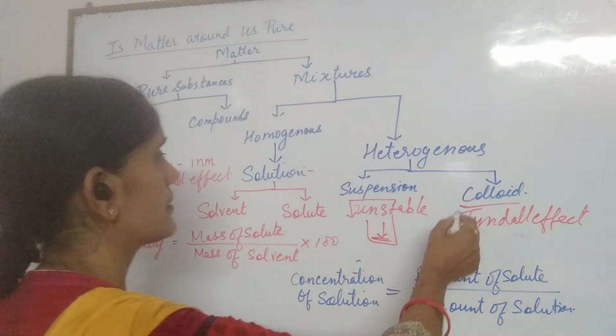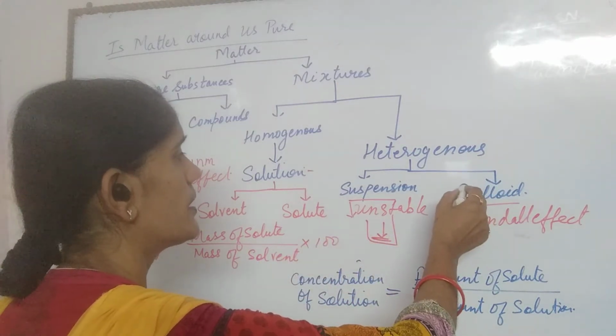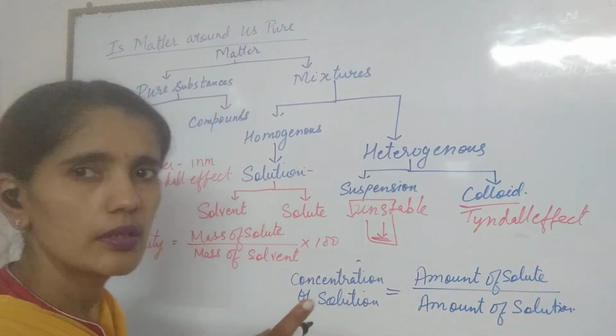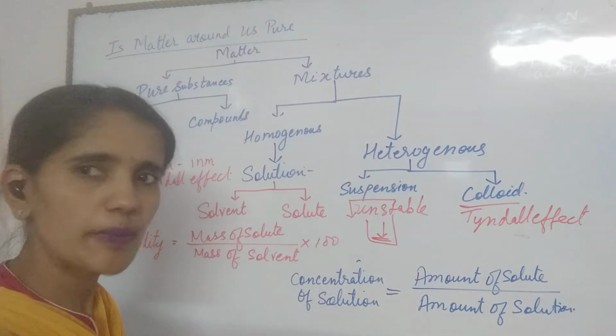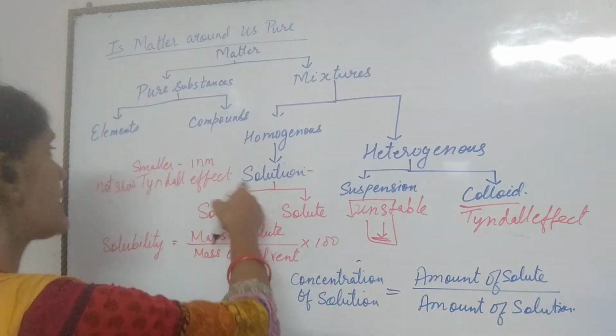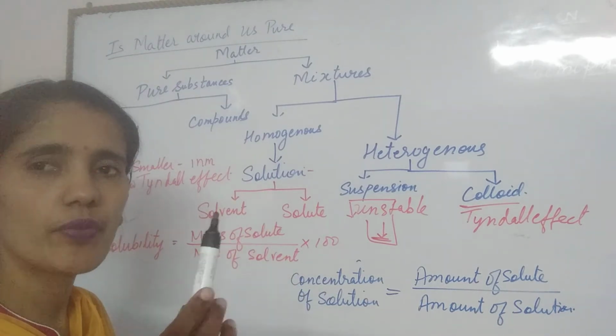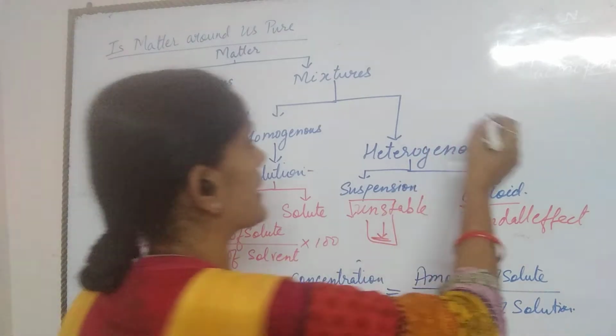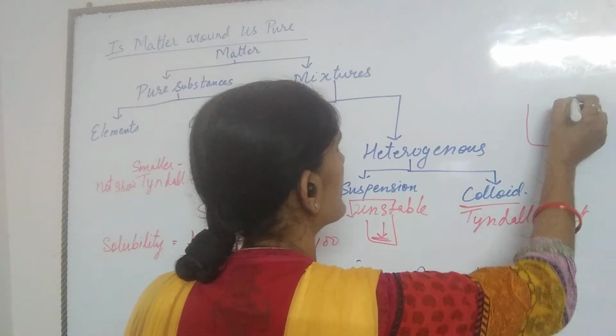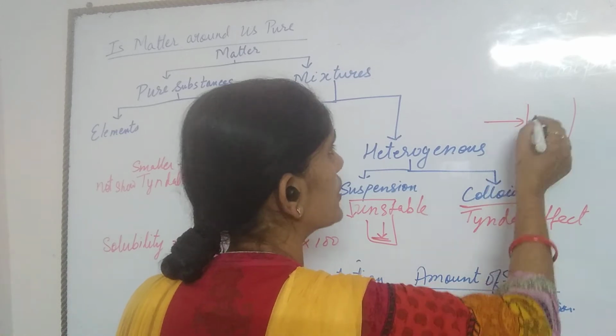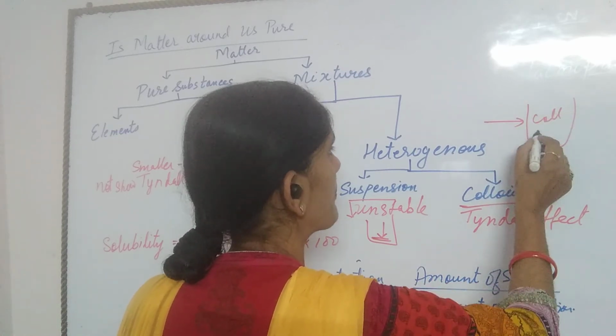Now in colloids, particles are smaller than suspension particles, but bigger than solution particles. That's why they are continuously moving. And when light is passed through a colloid, what happens?